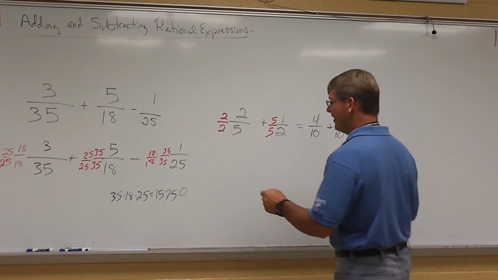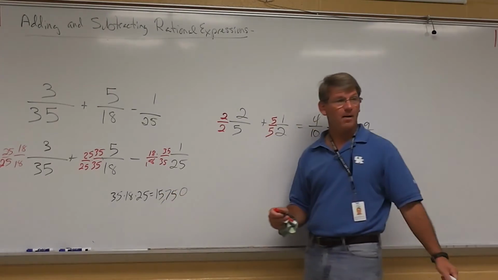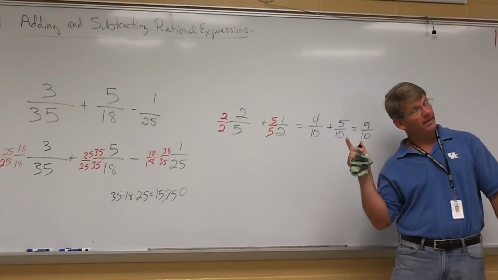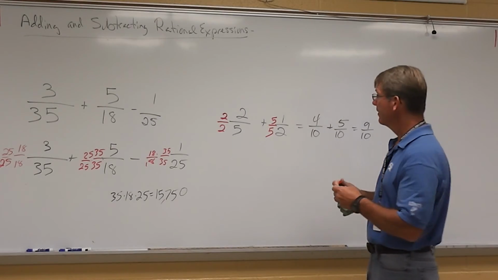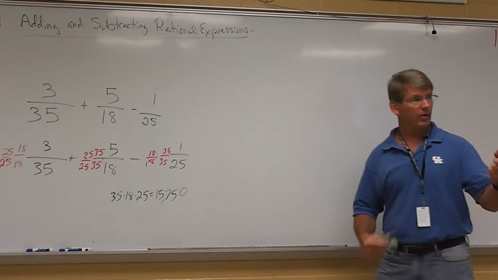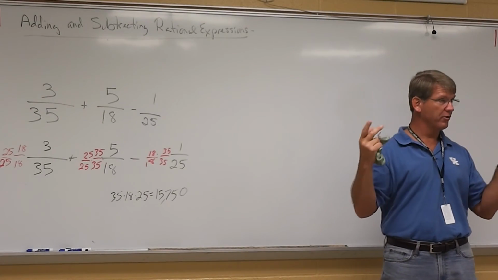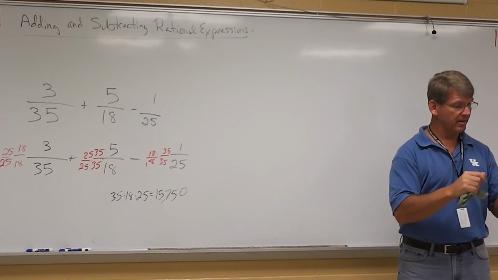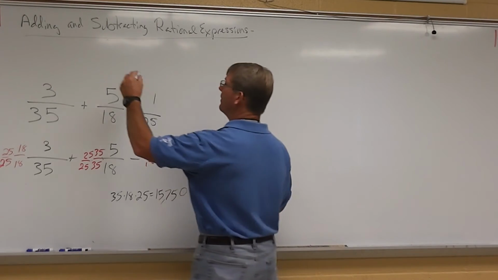All right, yeah, so that's going to be a common denominator. But it won't be the least common denominator. How do we find that? And this is going to be the kicker for when we start getting these rational expressions with all the algebra. How do we find the least common denominator?